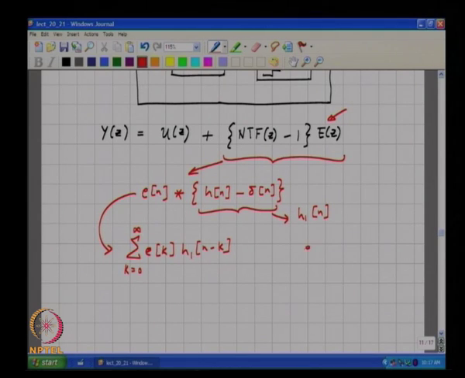Please recall that the magnitude of E of k is less than or equal to delta by 2.